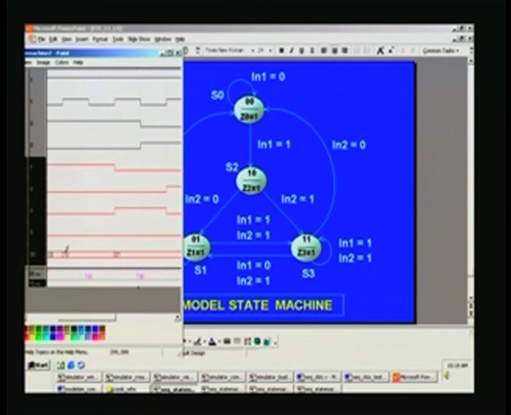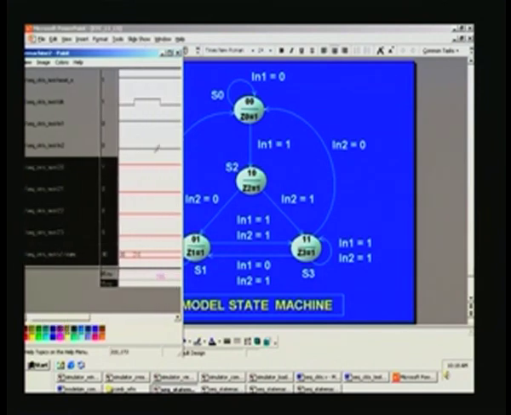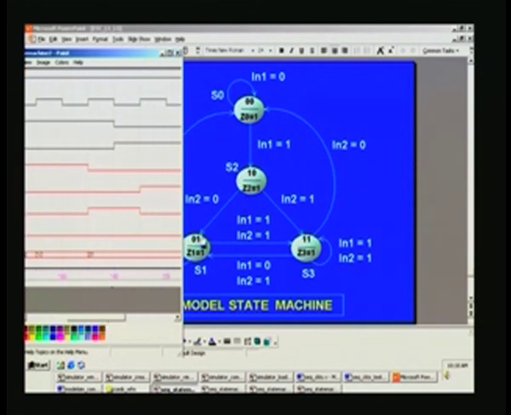So, we are in the S2 state, that is this state. What matters here is only in2. Here in2 is this one, so it is 0. That means it should take you to the S1 state. So, that is what it is, right.